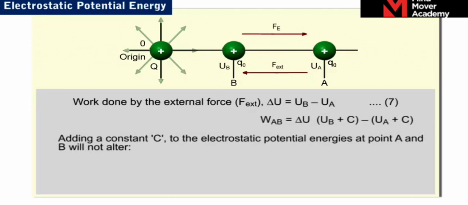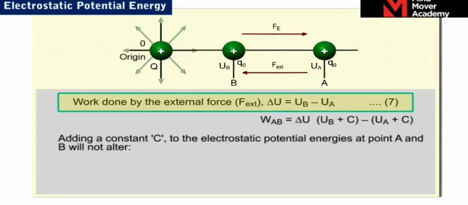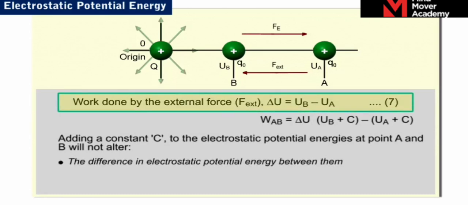Adding a constant C to the electrostatic potential energy at points A and B will not alter the difference in electrostatic potential energy between the charges and the work done WAB.